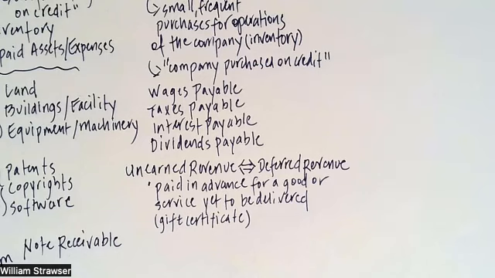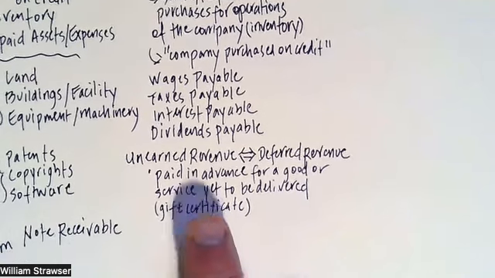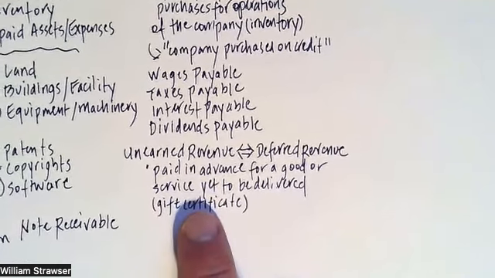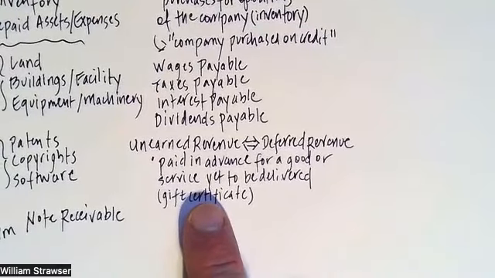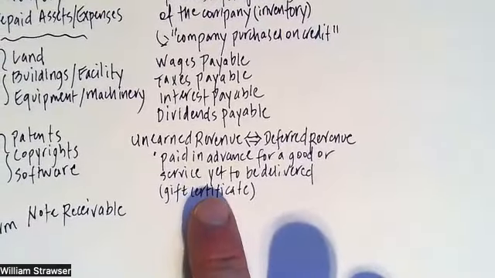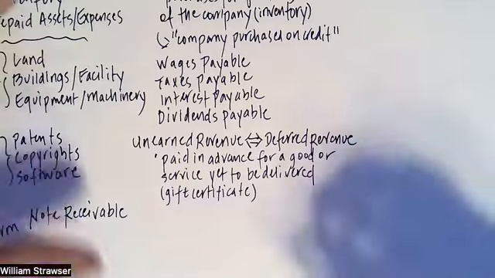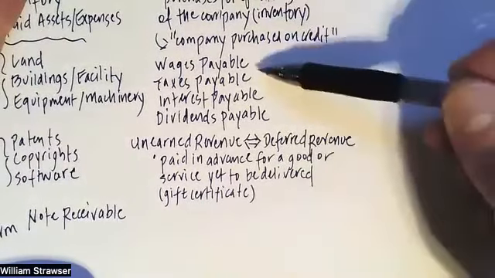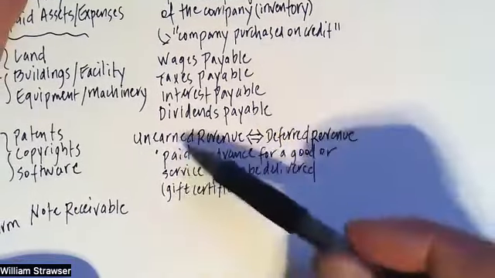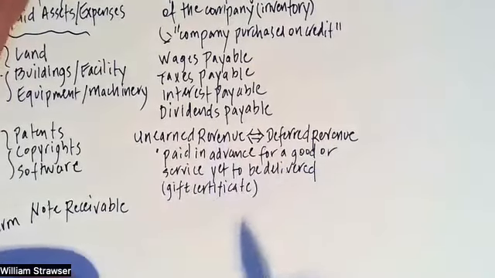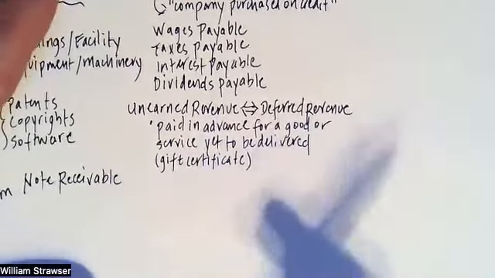In order to record revenue, I would have to actually provide a good or a service. Since I haven't done that yet, what that money really represents to the company, besides the cash, is the obligation to perform a service or provide a good. So the accounts payable, these payables, and unearned revenue are really your most common kinds of current liabilities.